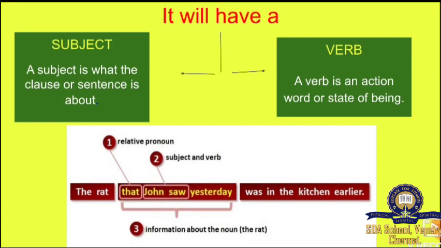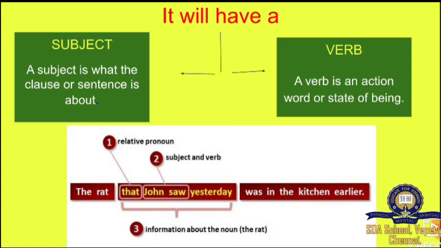So secondly, it will have a subject and a verb. Like in the example given below, the rat that John saw yesterday was in the kitchen earlier. So the relative pronoun used here is that. So it has a subject and a verb.